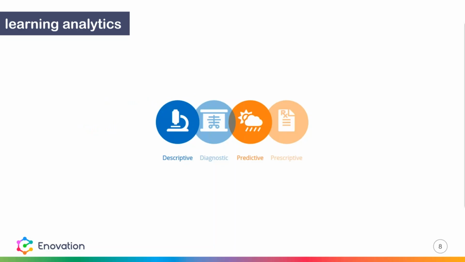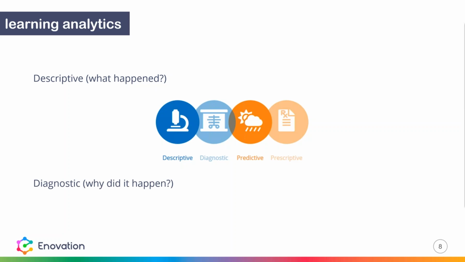So learning analytics is divided into 4 stages, 4 types. So there is the descriptive, what happened. That's the reporting that you know. So you might know already about the activity completion reports or course completion reports. They just give you information on exactly what happened, who did what.